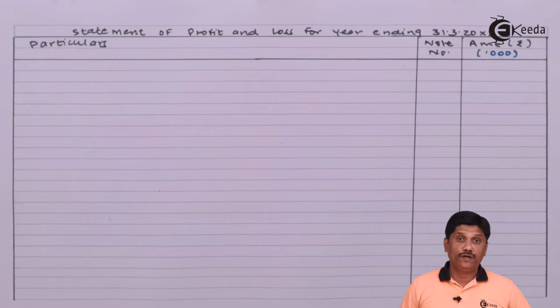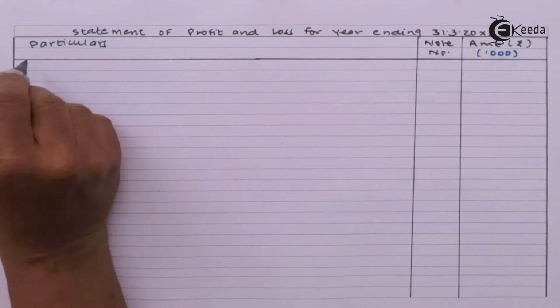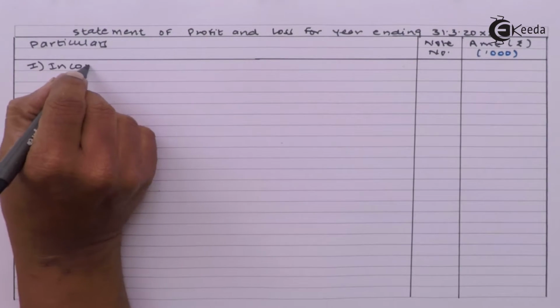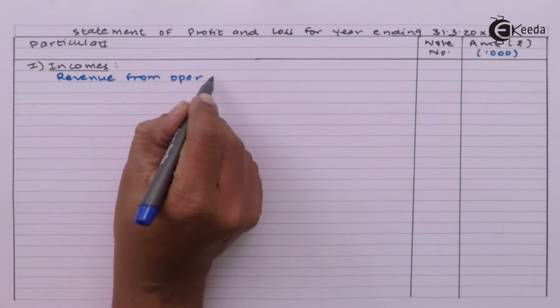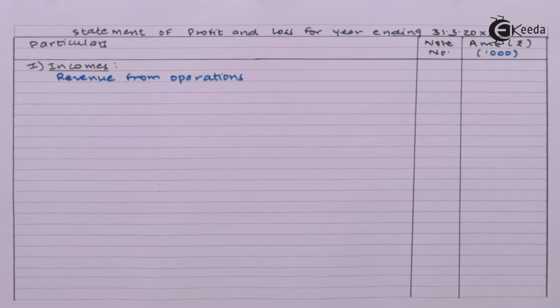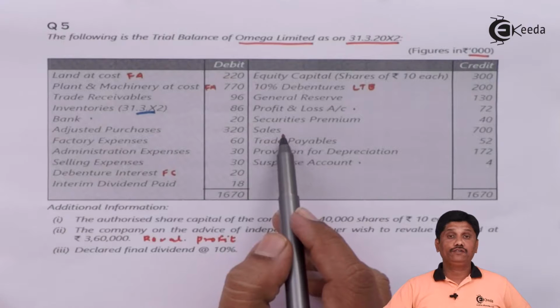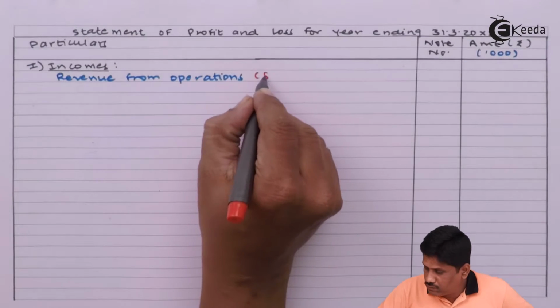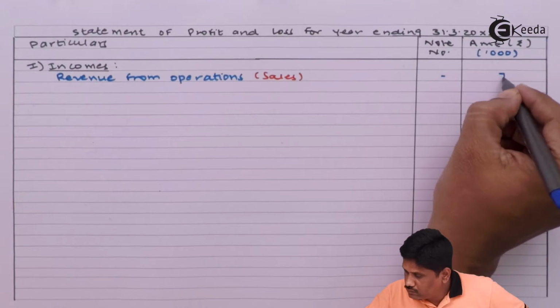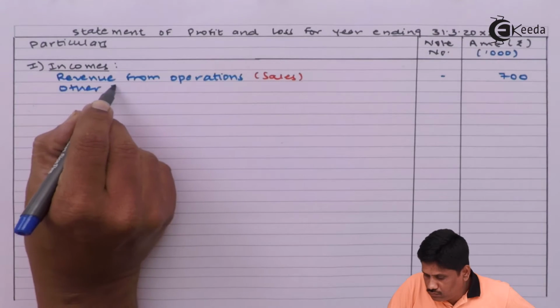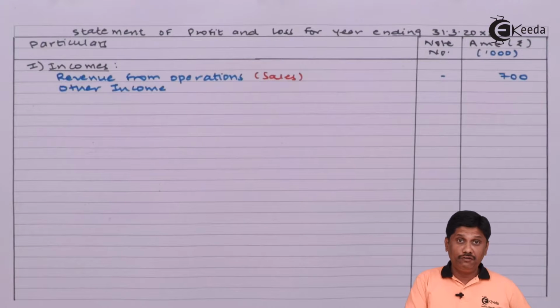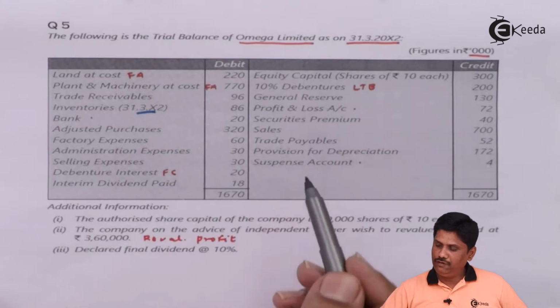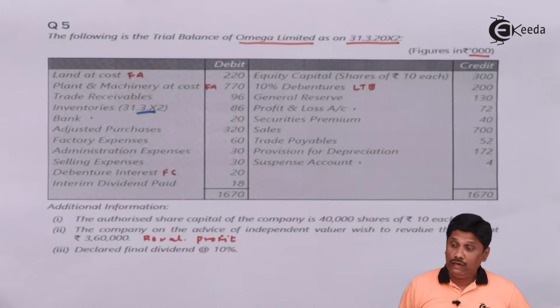In the P&L account, the first part is incomes. In the revenue from operations, we have only one item, that is sales. Please check, we have sales here. Other incomes, practically in the trial balance, we don't have any other income.